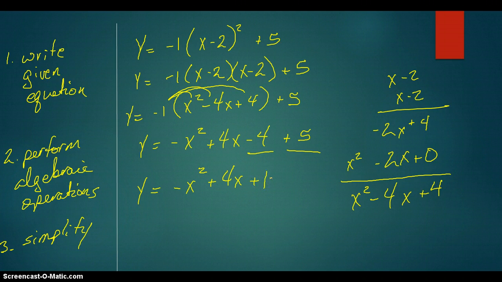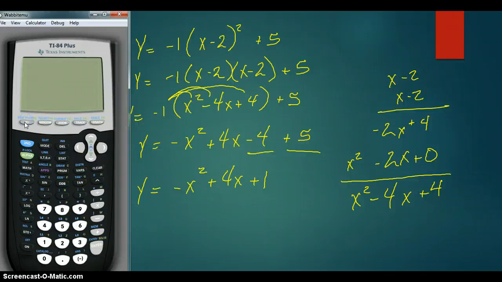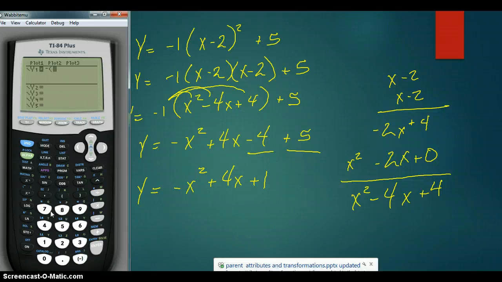And I hope that this looks familiar to you. So we have y equals negative x squared plus 4x plus 1. I'm going to pull in my calculator because you can check this. Turn on y equals, let's clear that out. Let's put both of these equations in our calculator.